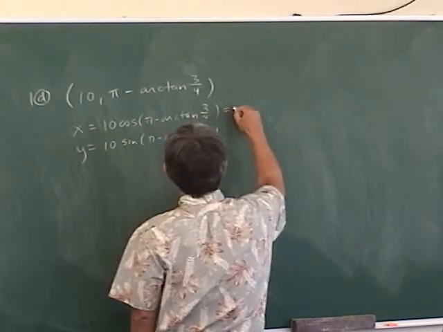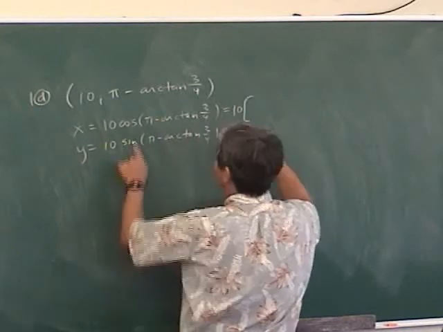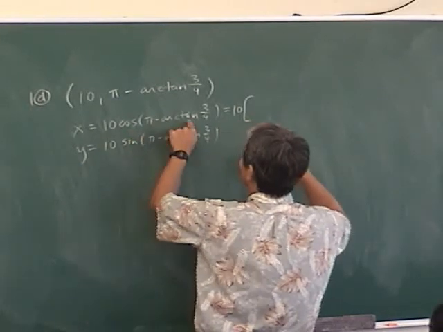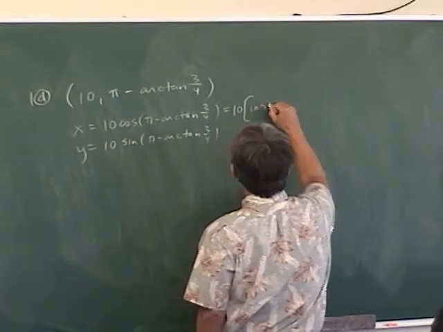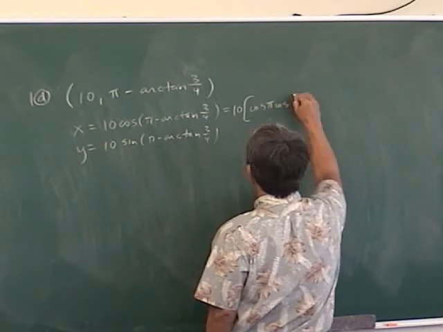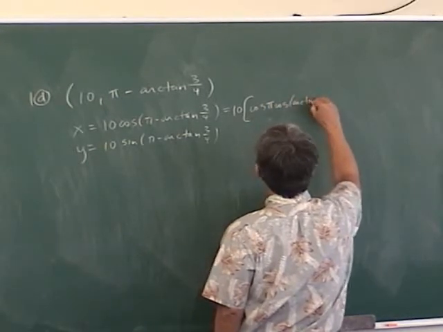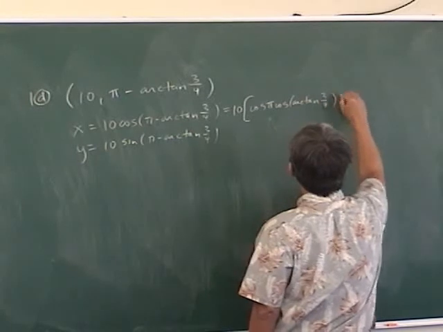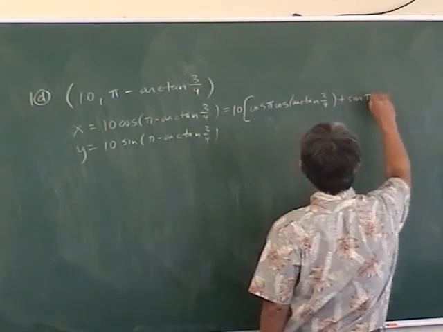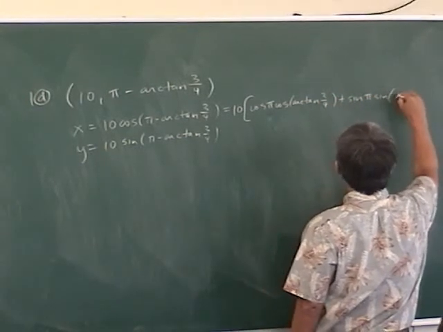What's the identity for cosine of the first minus the second? Cosine of the first, cosine of the second, plus sine of the first, sine of the second.